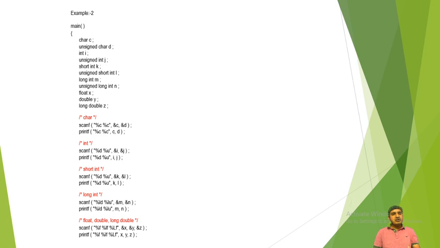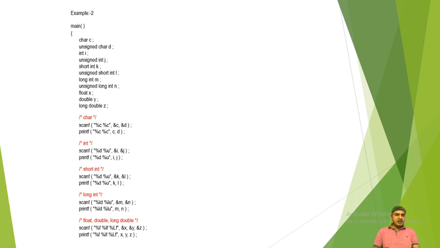So scanf percentage d, percentage u in double inverted commas, first argument &k and &l. Printf is used to display the input on the screen, that is k and l. So percentage d, percentage u in double inverted commas, k, l, terminated with semicolon.